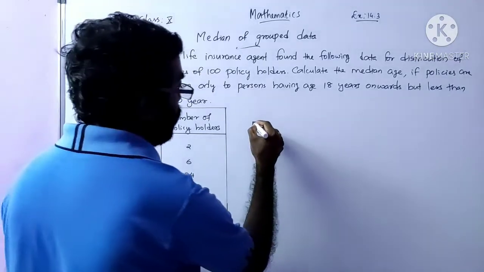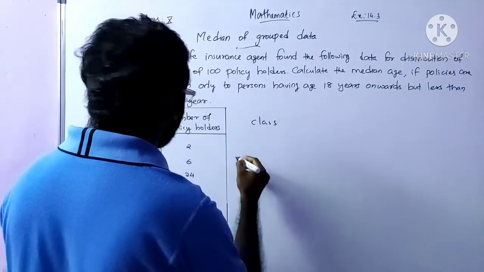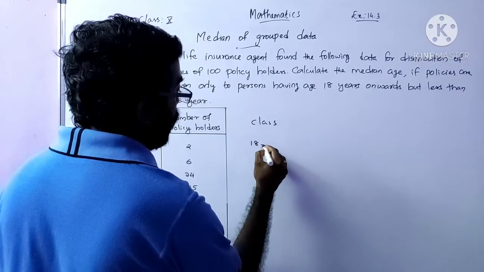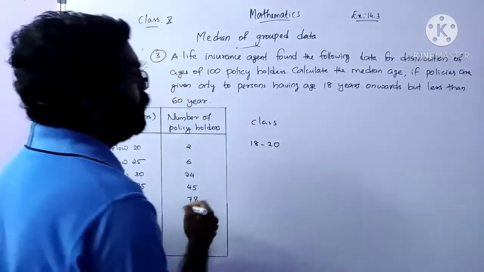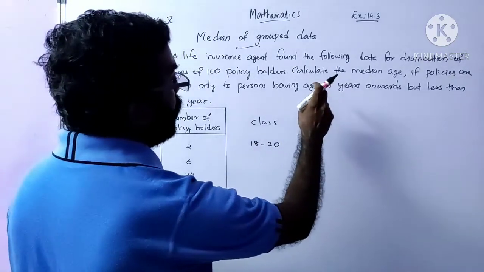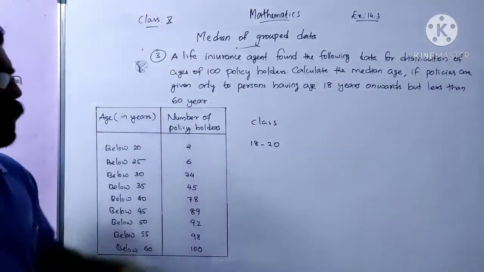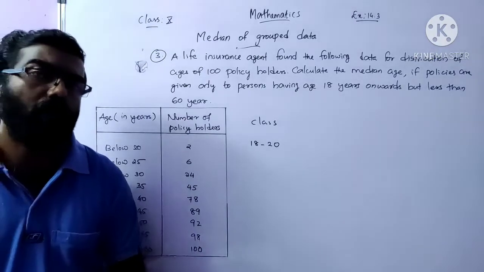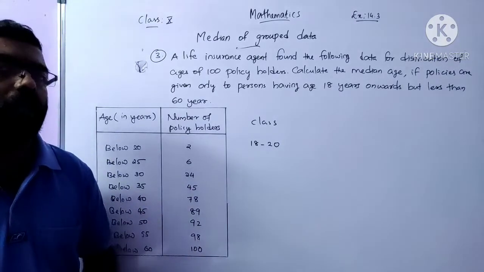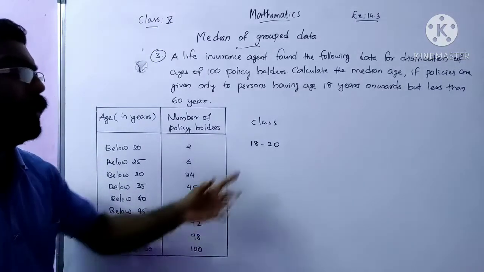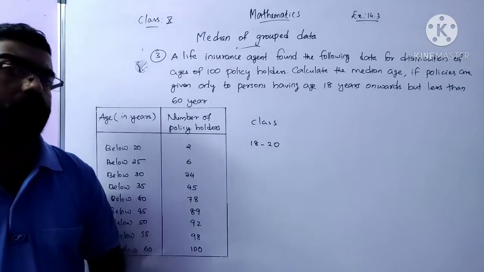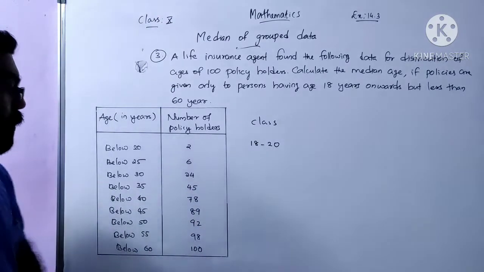For that we can write the first class as 18 to 20, because the policies are given to persons having age 18 years onwards. Or we can write 15 to 20, no problem, but it doesn't include the persons below 18 years. That's the point you have to keep in mind.